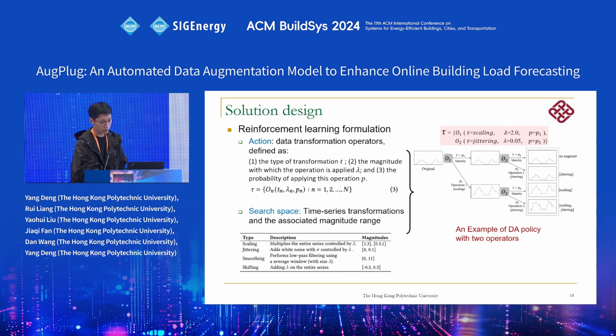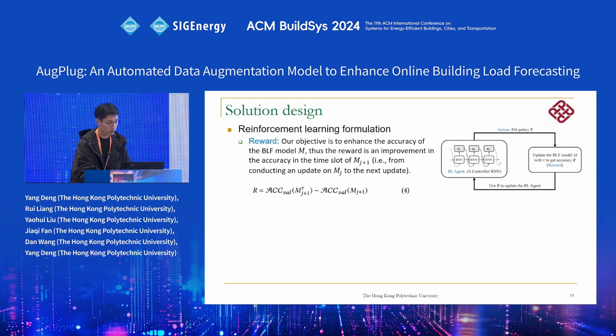We design a search space which contains several conventional time series transformation operations, such as scaling and jittering. Here we show an example of the data augmentation on the right side, which consists of two transformation operations. The reward is the accuracy improvement, as shown in this equation.